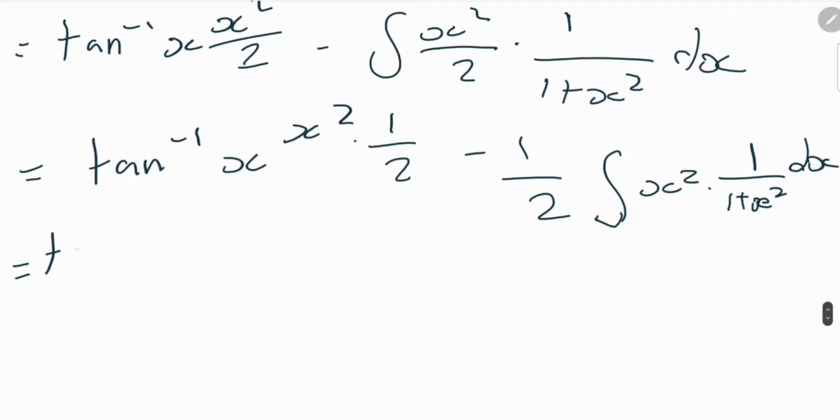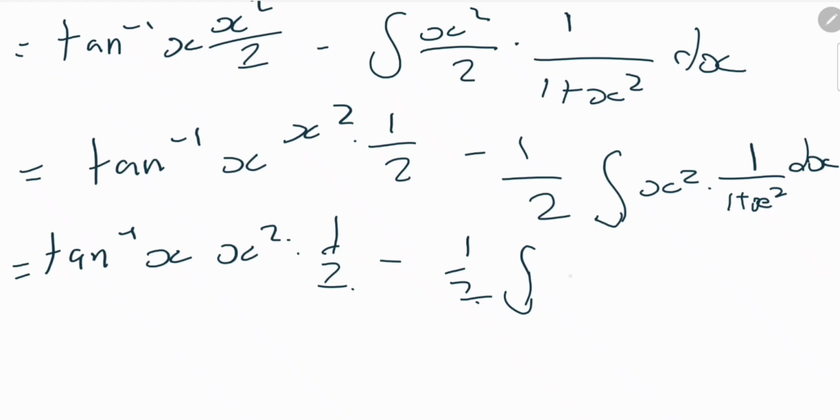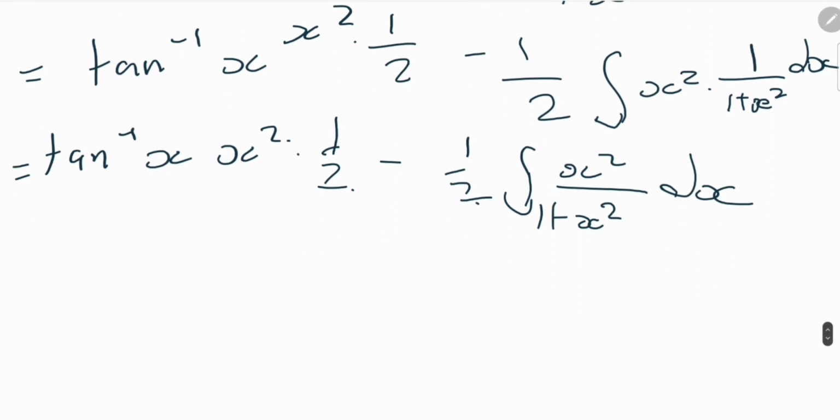So now we'll write that. Arctan x squared times 1 over 2 minus 1 over 2 integral of x squared over 1 plus x squared. Now, here, you might be wondering what to do?